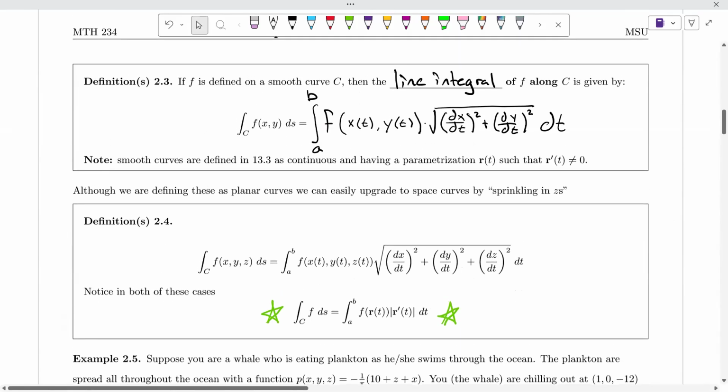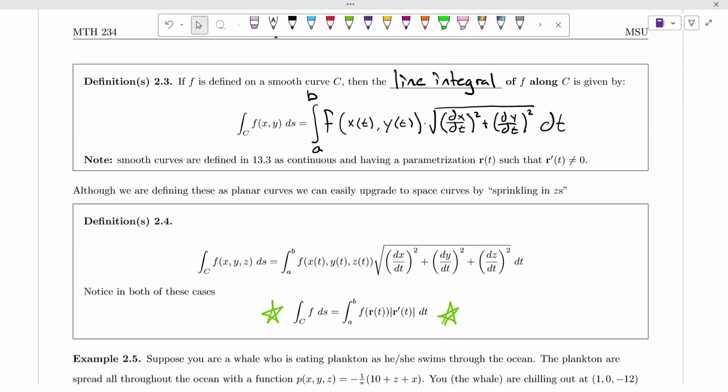So, a line integral. I spent a bunch of time defining that arc length thing a moment ago because I thought it was going to be important. I was right. If I want to have the line integral of some function along a curve, call it C, then it's going to be the integral over C of f times ds.